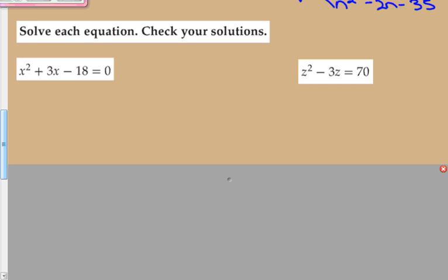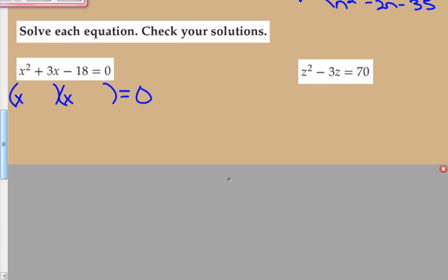You're also going to have to solve the equations when the trinomial is set equal to 0. And you're just going to start out like we've been doing. Factor first. And this is all equal to 0. We'll have an x in each one. We've got a negative 18. So this means you'll have a positive and a negative. Two numbers that multiply to get 18.